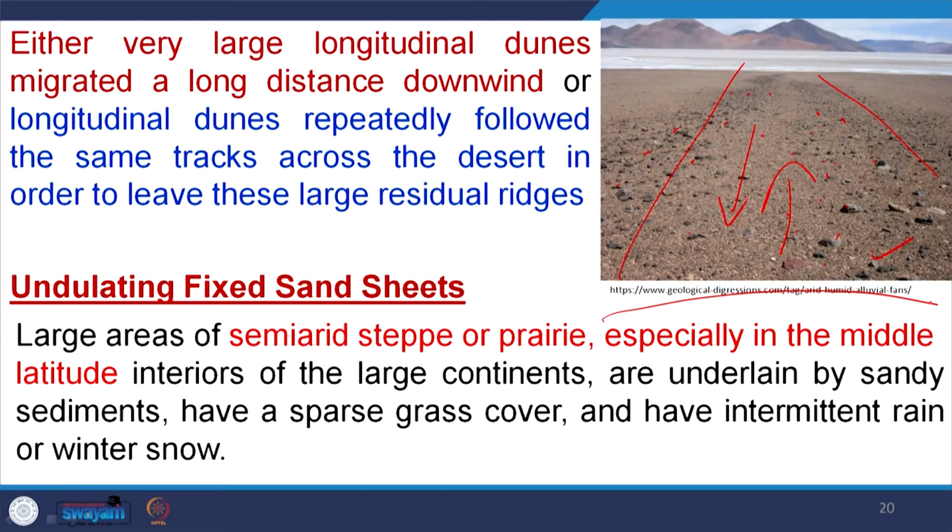So, this is all about our dunes. Now we will discuss the undulating or fixed sand sheet. Let us discuss sheet type structures. Here, in an undulating fixed sand sheet, there will be some undulation; it is not planar.